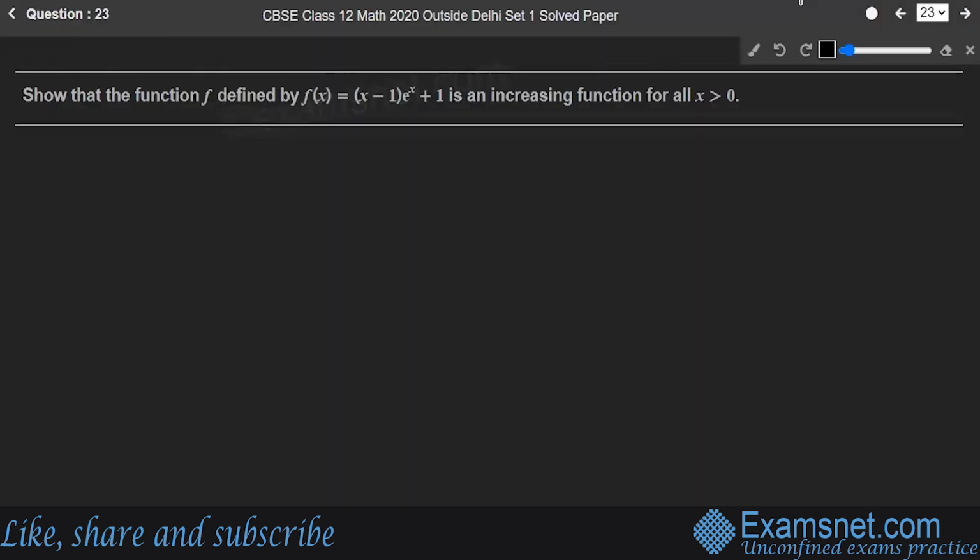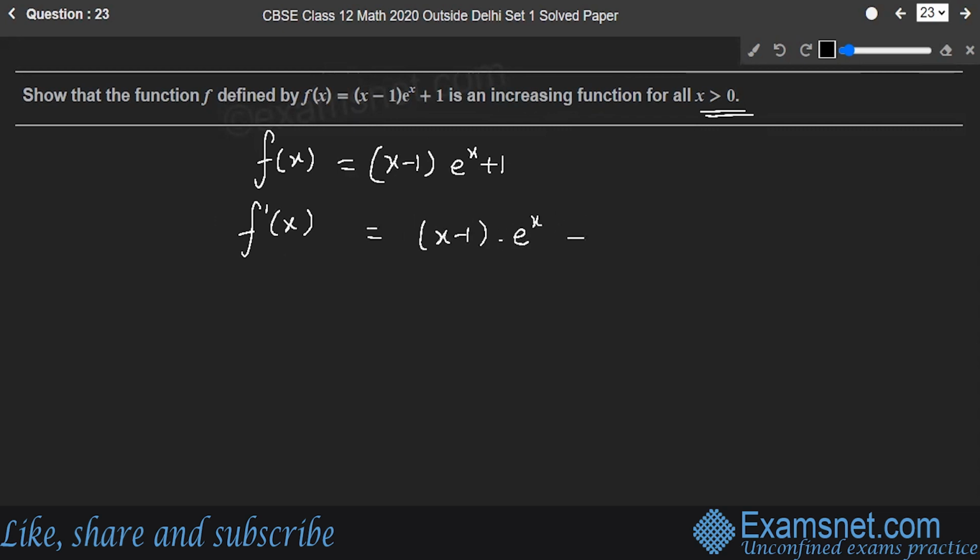Question number 23, you have to show that the function f defined by f(x) is equal to x minus 1 into e raised to power x plus 1 is an increasing function for all positive values of x. Since we are talking about increasing or decreasing functions, I have to find out the derivative of this function. This is equal to x minus 1 into e raised to power x plus e raised to power x into the derivative of x minus 1, that's 1 plus 0.